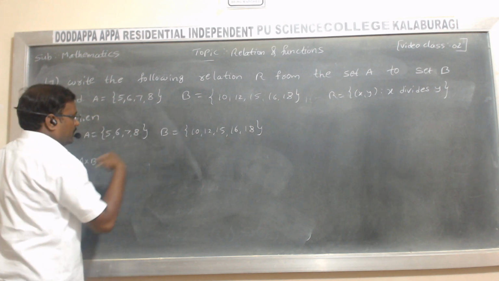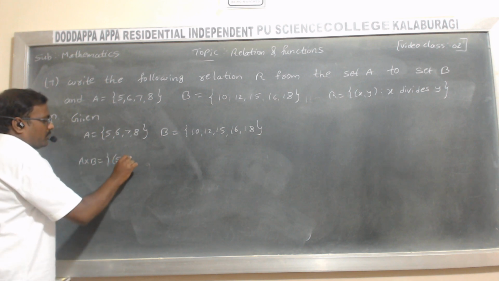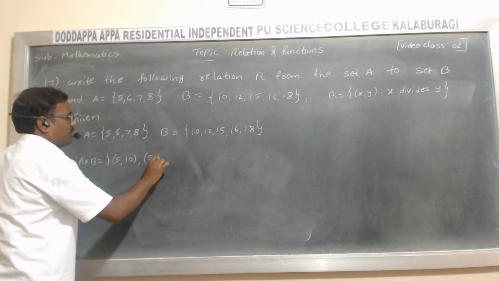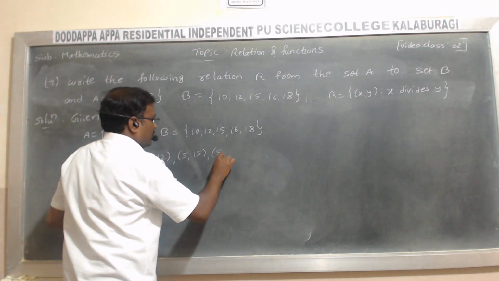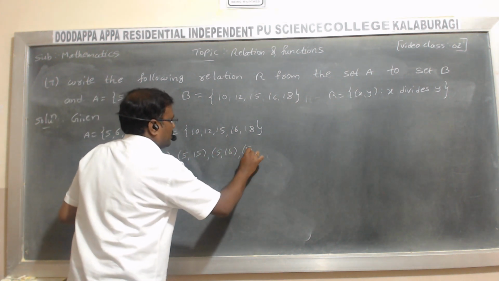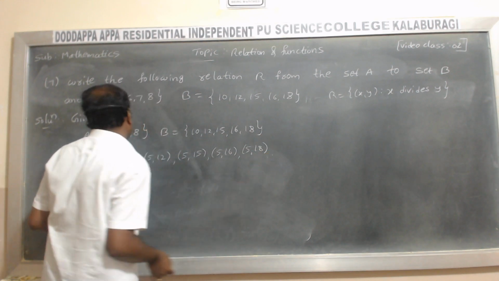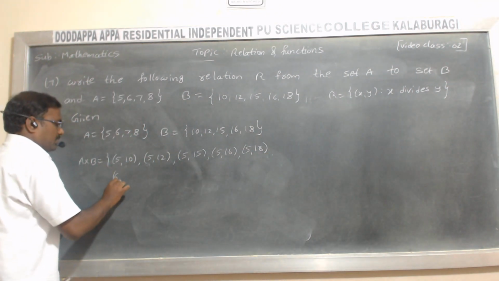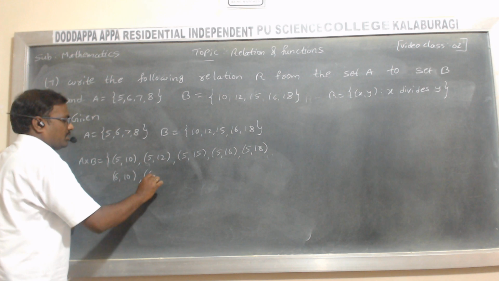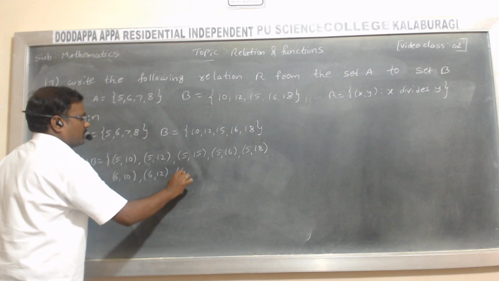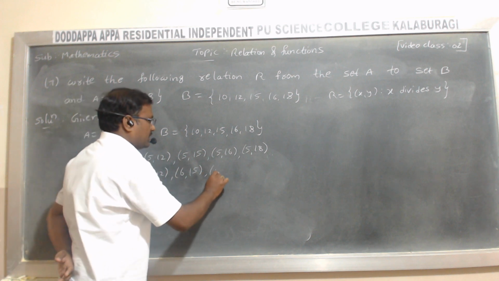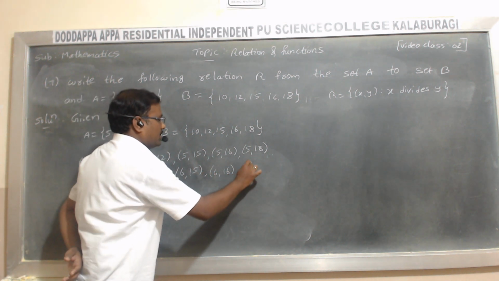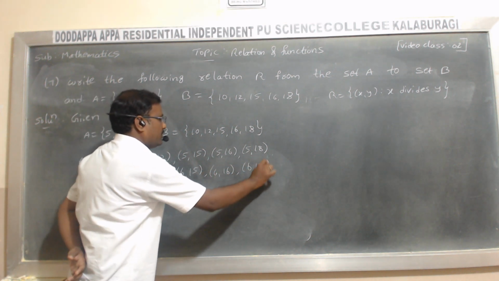So you can find the Cartesian product. First we get 5 comma 10, 5 comma 12, 5 comma 15, 5 comma 16, 5 comma 18. Similarly next 6 comma 10, 6 comma 12, 6 comma 15, 6 comma 16, 6 comma 18.